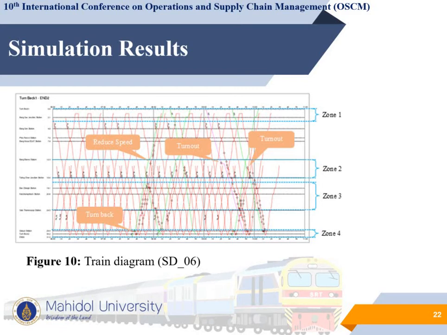Figure 10 is the chain diagram of scenario D, which has mixed traffic between RL1, RL2, LD, and F. Reserve and release of long distance trains and Red Line trains have different behavior as follows: RL reserve and release are track to track, and LD and F reserve and release are station to station.